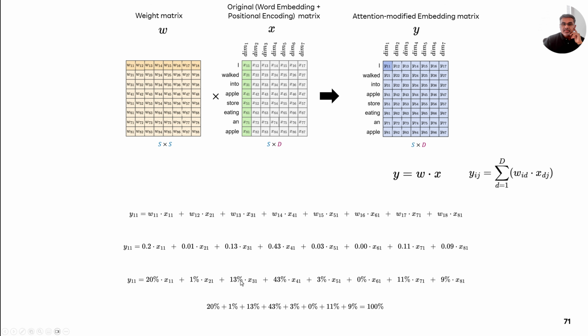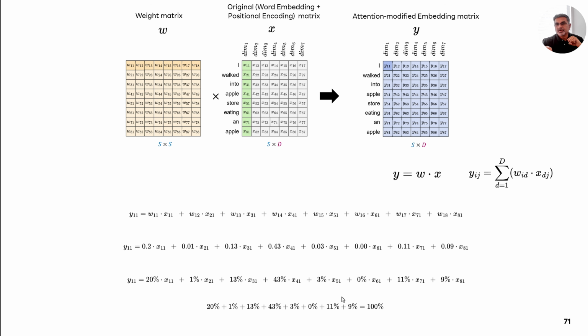I will take 13% signal strength from the third word's same dimension. I will take 43% of the signal strength from the same word's dimension 1 and 3% from the same feature of the next word, which is store, and so on. So what it's showing you is that I'm borrowing a certain percentage of signal strength for the same dimension from the other words to construct my updated value for that feature.